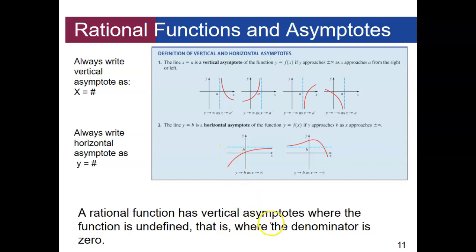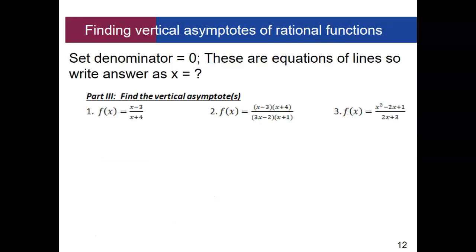So our rational function has vertical asymptotes at the place that the function is undefined, and that's going to be where the denominator is equal to 0. So I want to start us out with vertical asymptotes, and then we'll move to the horizontal asymptotes. Okay, so we said that we have vertical asymptotes where the function's undefined, and so that's the same thing as looking for our domain restriction.